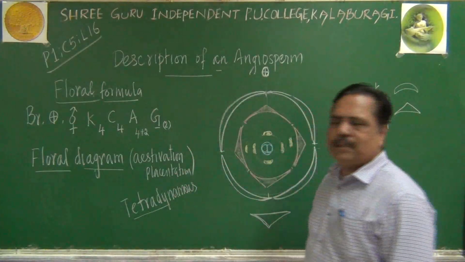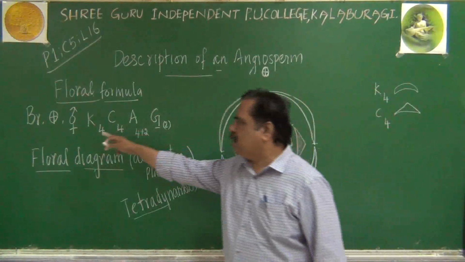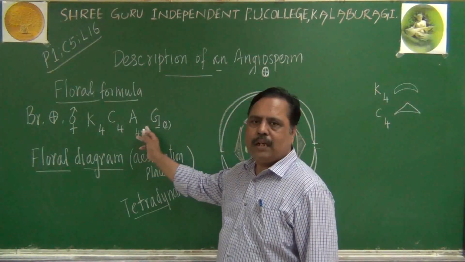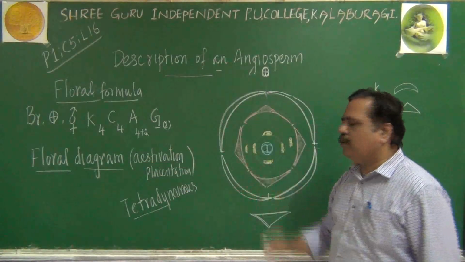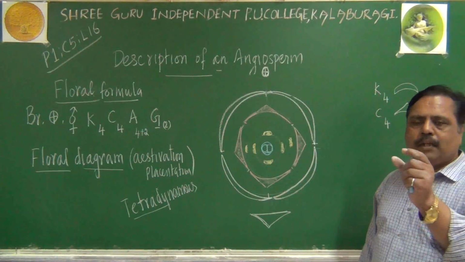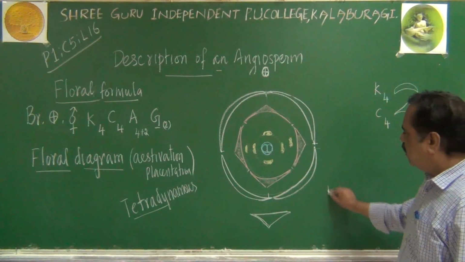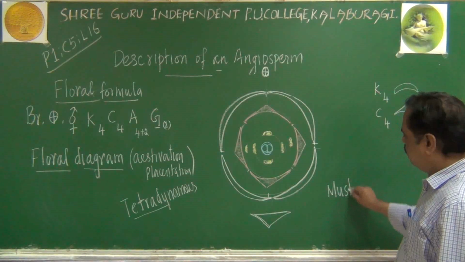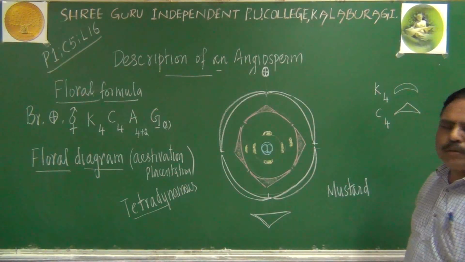Here it is axillary placentation we can say. And in the diagram you can come across sexuality, sepal, petal and every part. If this diagram is given in your textbook also, it is a typical angiosperm flower, the mustard flower, formula and diagram we have seen.